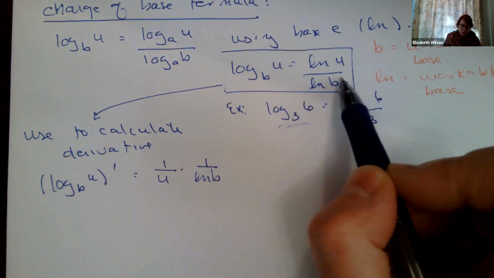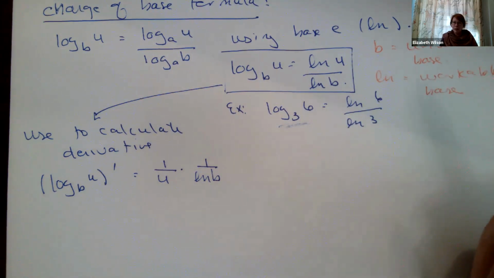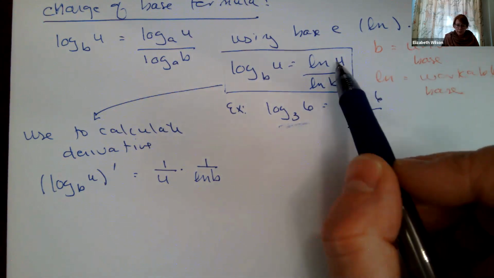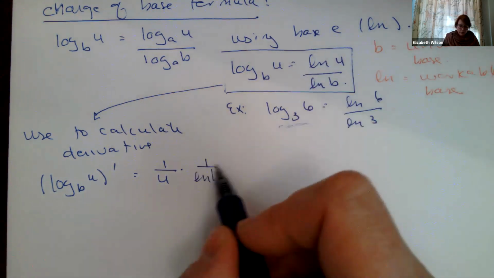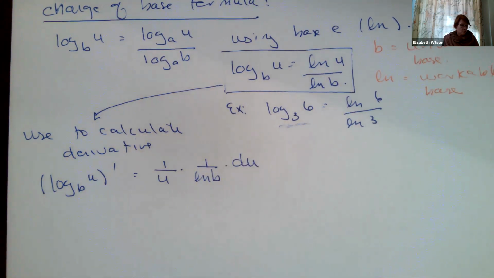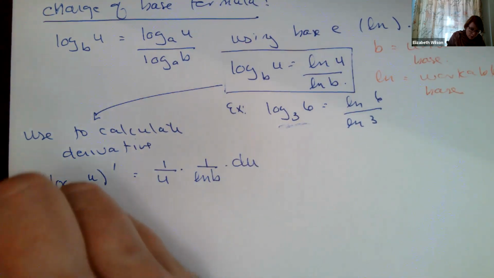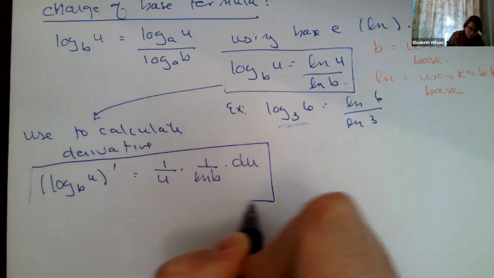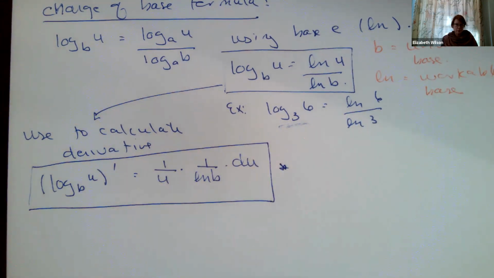So natural log of b is just a number, like 3.2 or 1.6. Natural log of u is my function. And then don't forget your chain rule. The du is the chain rule. This is kind of our end goal here.